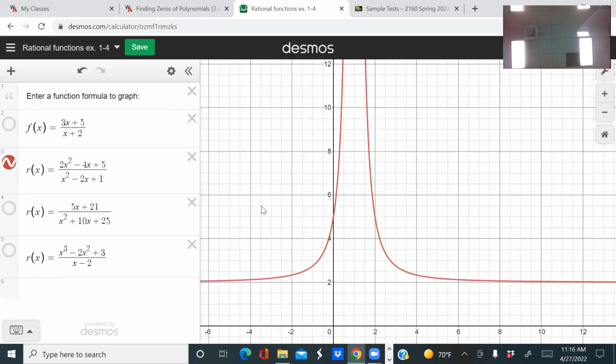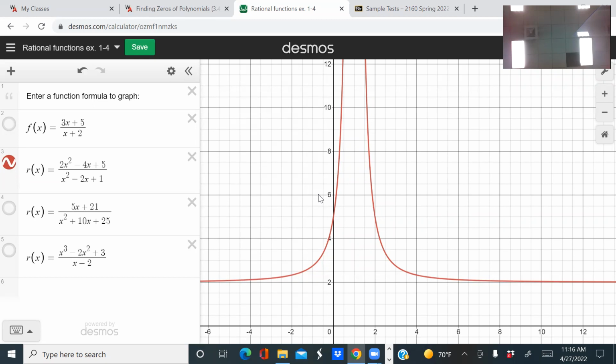So there's that picture. And so we know we have this vertical asymptote right there at x equals 1. So as your x values get close to 1, your y values in this case are getting close to what? Infinity?